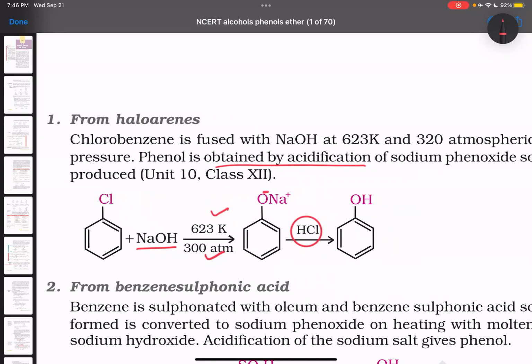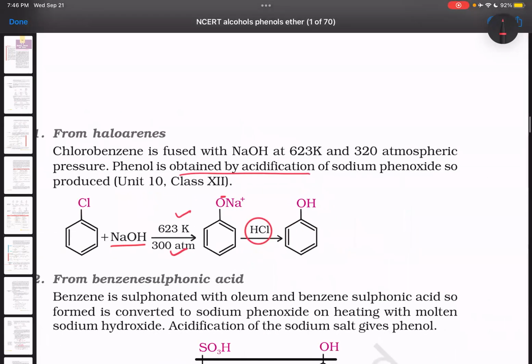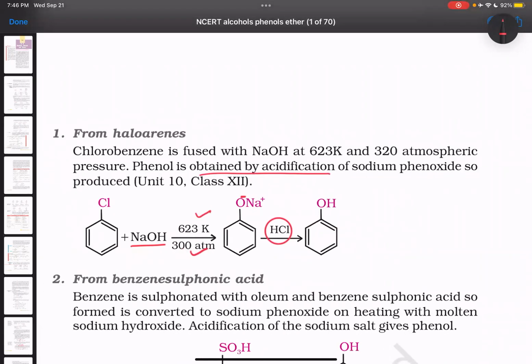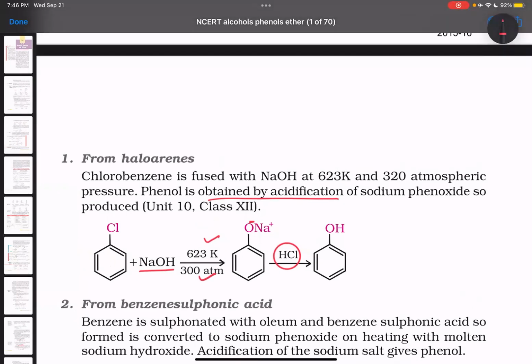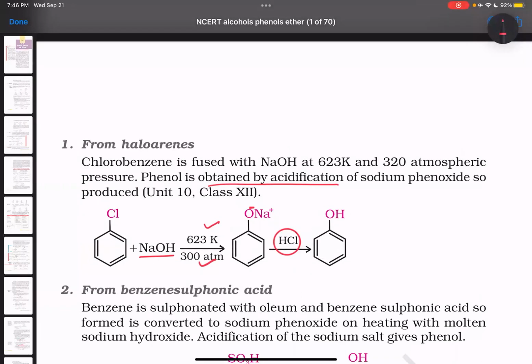Okay, what is the name of this process? Can you tell me? Rian, Abdullah, Anushka, Imad, what's the name of this process? Now, who's going to tell me? Is it Grignard? It is something different. It's not Grignard. It's actually Dow's process.